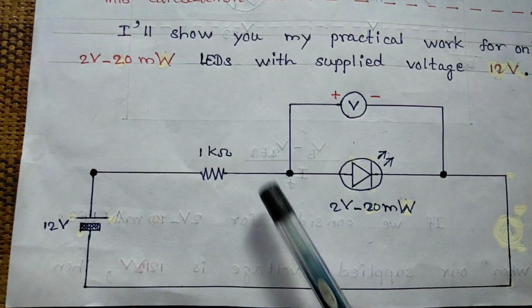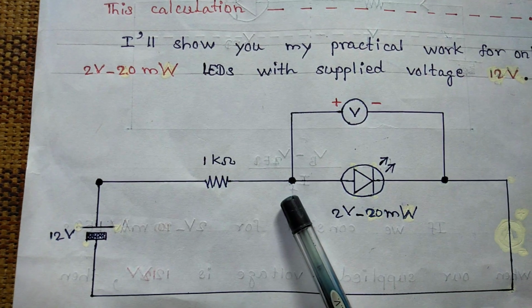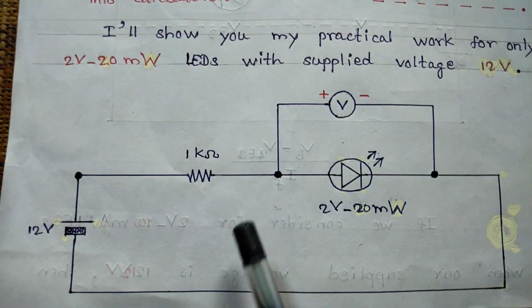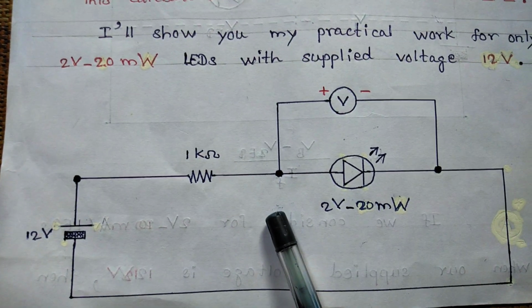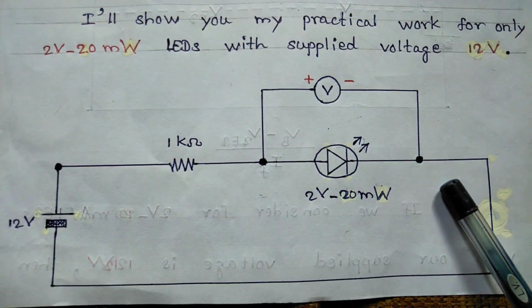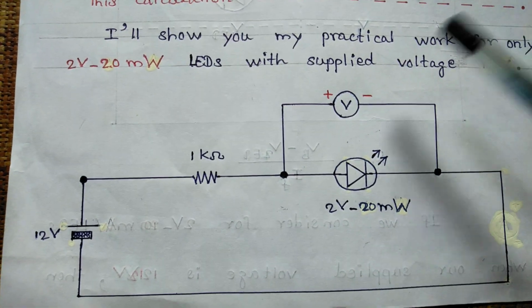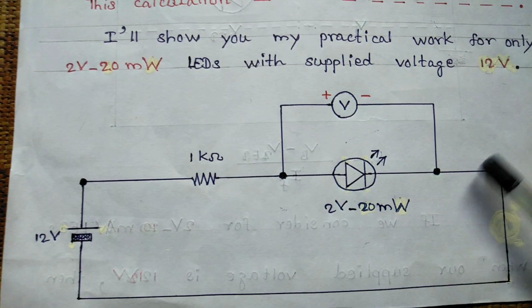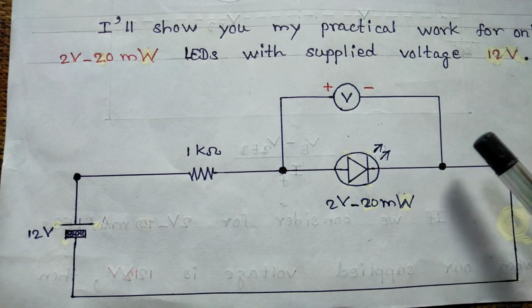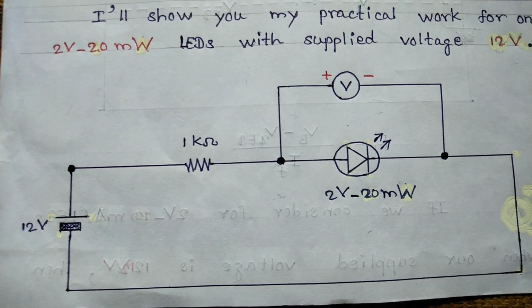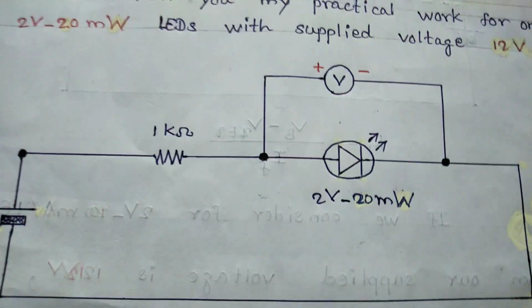Here the other side of the resistor, one side of the LED and the positive terminal of the voltmeter are all connected together. Here the cathode side of the LED, the negative terminal of the voltmeter and the negative terminal of the battery are all connected together. I hope you clearly understand, and let's see my practical work.